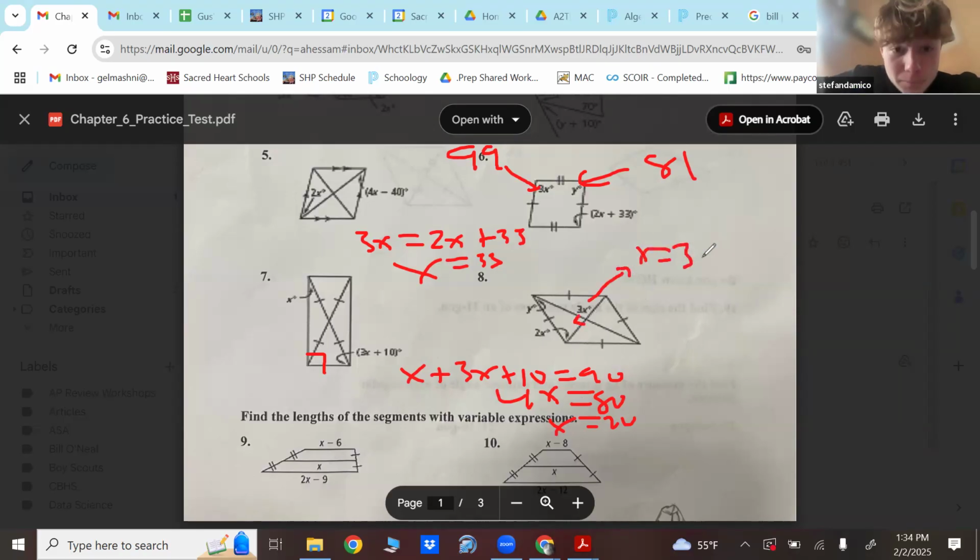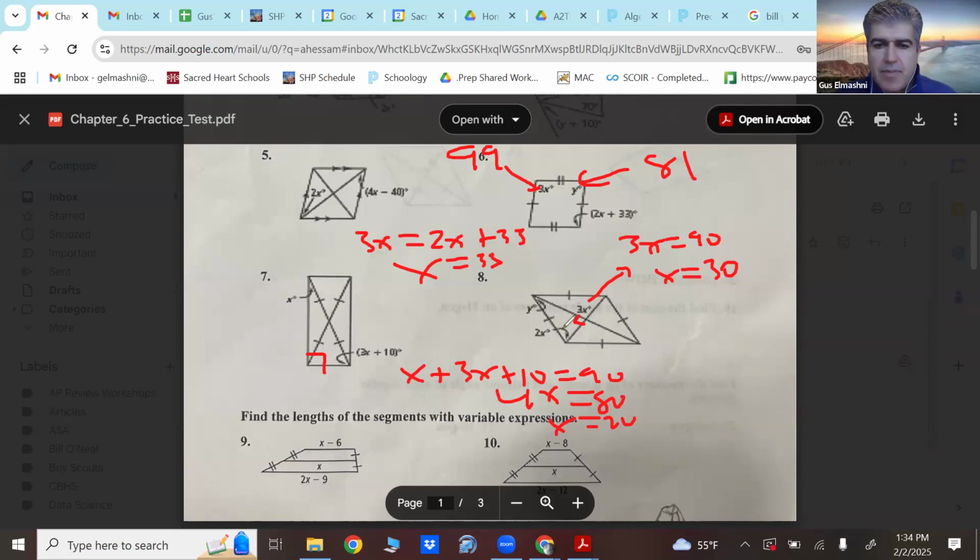So x is 30. That has to equal 3x. Well, hold on. 3x equals 90. That's 90. That's 60 and y is 30. Okay.